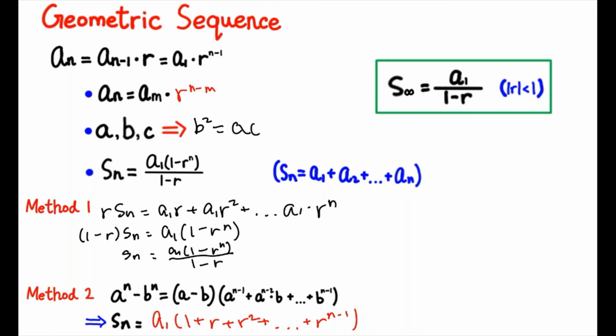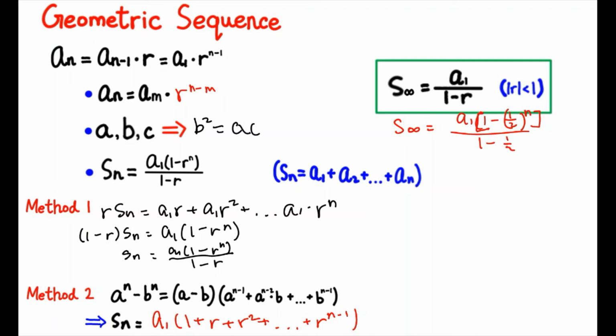So if we put that in here, we'll get that S infinity is equal to a1 times 1 minus 1/2 to the n divided by 1 minus 1/2.